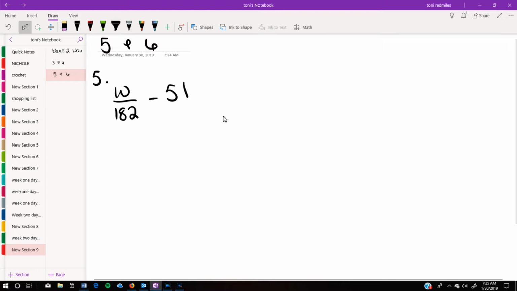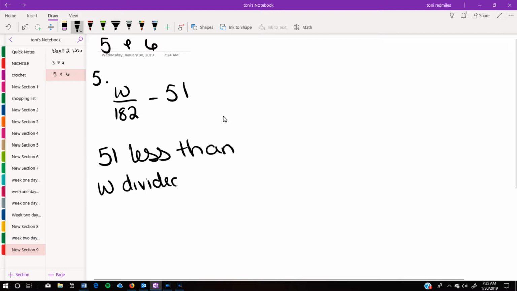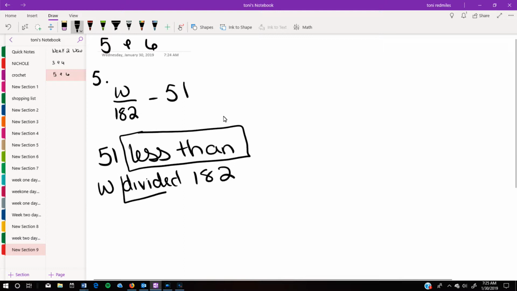I'm going to use the more than because I like to start out with what I know, and I know 51, don't know W. So I'm going to say 51 less than, because it's subtracting, W divided by 182. Okay, remember, these phrases can change depending on the words you decide to use.